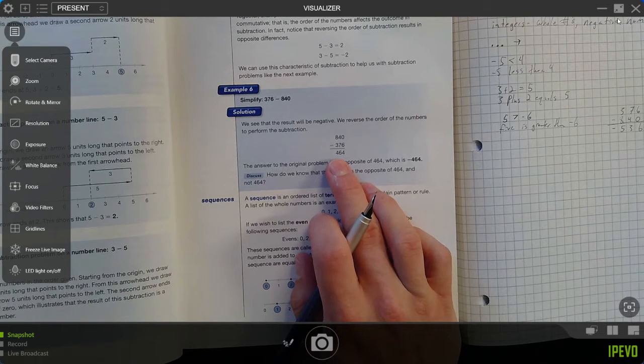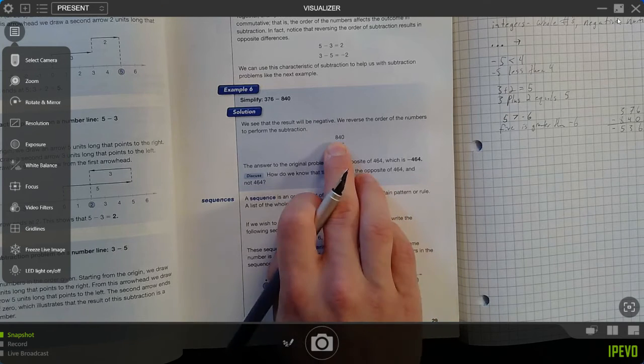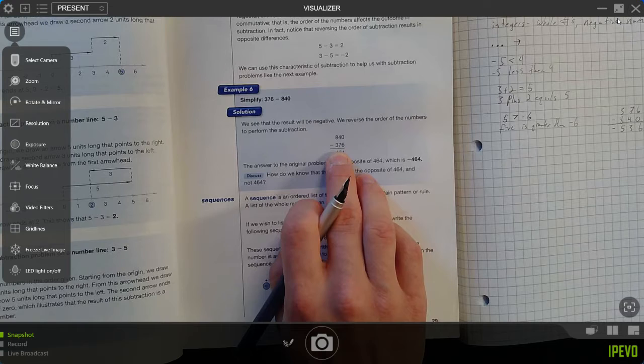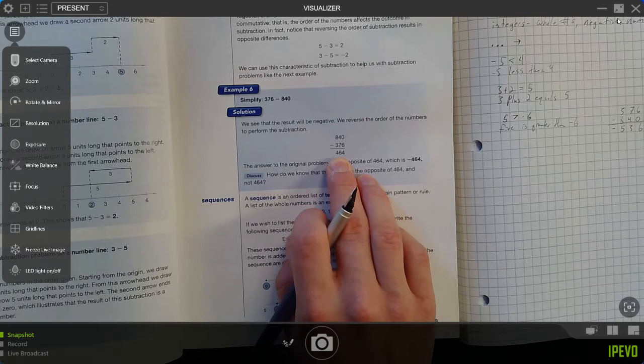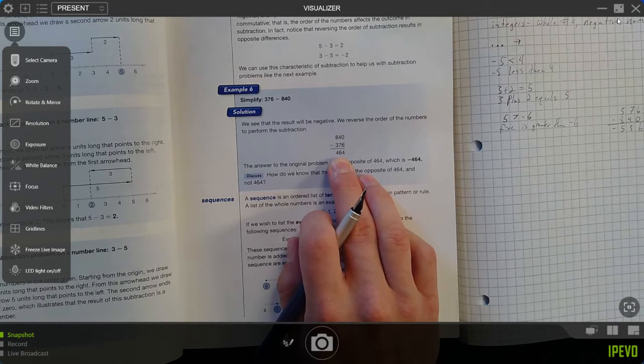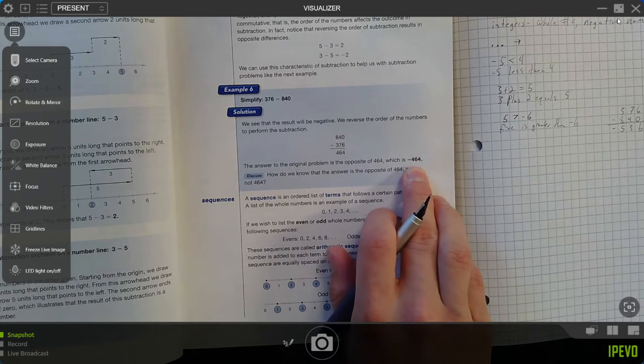So you really have to flip the numbers so that the bigger number is on top and the smaller number is on the bottom. And then you have to add the negative symbol. The correct answer is negative 464.